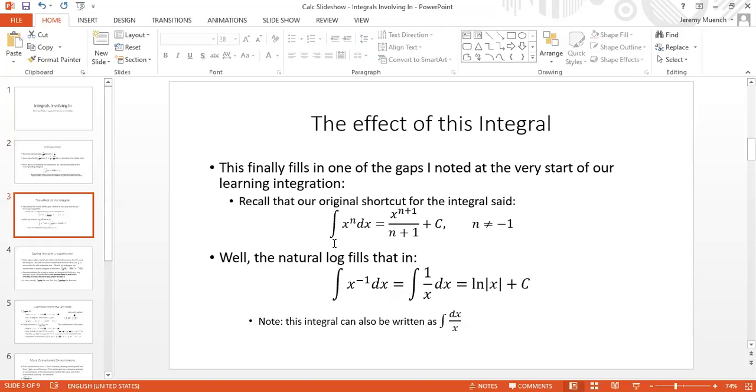Our original rule for integration just said that the integral of x to the n dx was x to the n plus 1 over n plus 1 plus c. But we noted that this fell apart when n was equal to -1, because we ended up dividing by 0. So the natural log finally allows us to work around that. After all this time, we finally filled in that very last little gap.